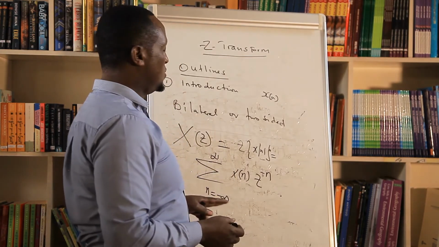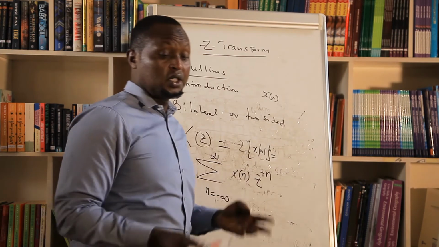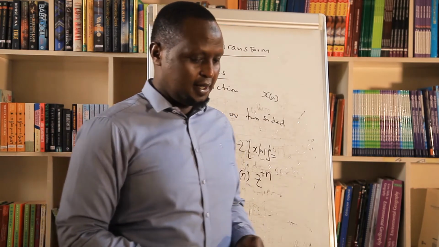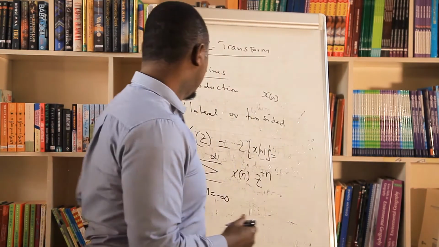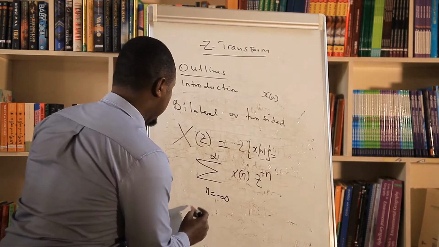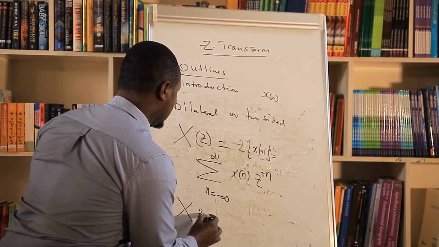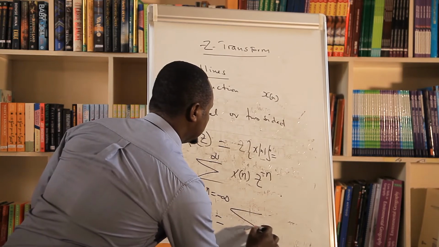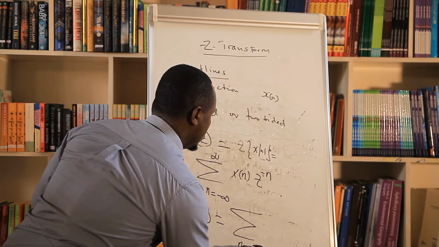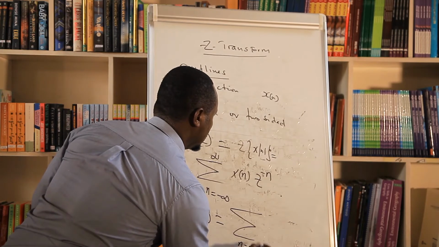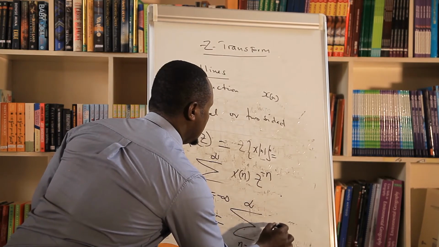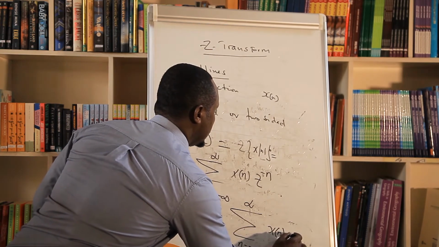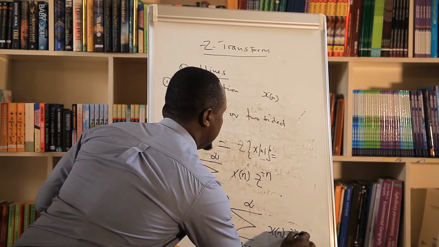This is a general formula for all z transforms if you want to convert the values. So X of z is going to be the big summation from n equals negative infinity to infinity of x of n times z power negative n.